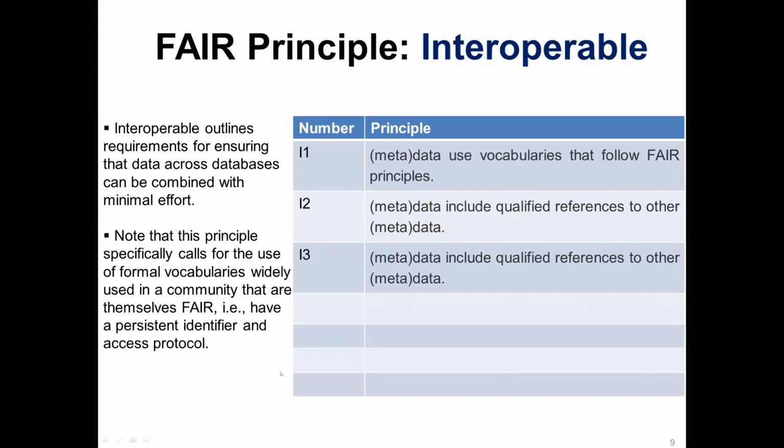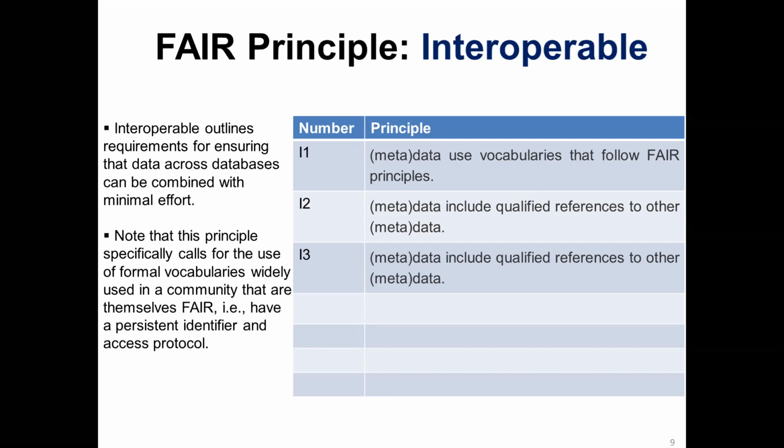And then interoperable, meaning that the FAIR principle includes qualified references to other metadata, which means it can be moved to another platform. All of this interoperability outlines requirements for ensuring that data across databases can be combined with minimal effort. That cross-linking of this data is very easy, not difficult.